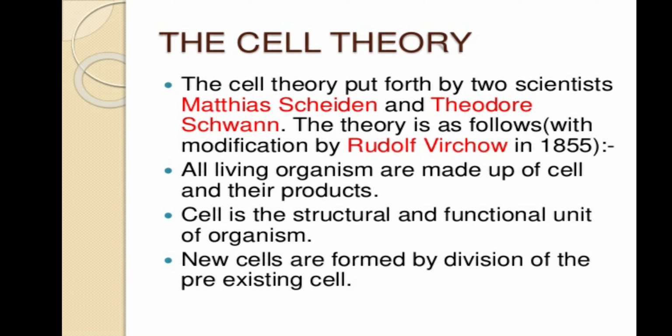The cells which were already present in your body, they divide by the process of cell division. The cell number increases in your body, so your height increases. So all new cells arise from pre-existing cells. This was added by Rudolf Virchow in 1855.